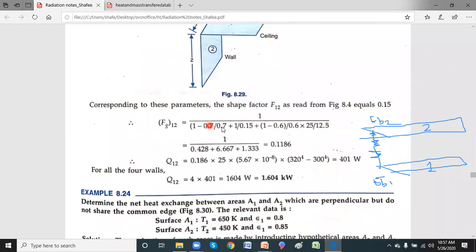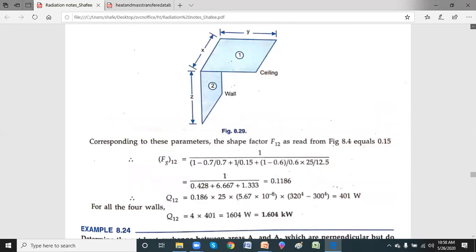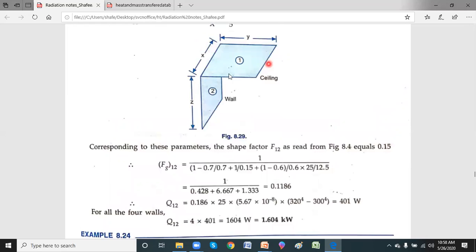Now this is (1 minus epsilon 1) by epsilon 1, same thing, 1 by 0.15. The 0.15 I got by using the perpendicular rectangle graph, where you have dimensions as x, y, z, and if you keep it in the graph or chart, you can find out how the problem goes.